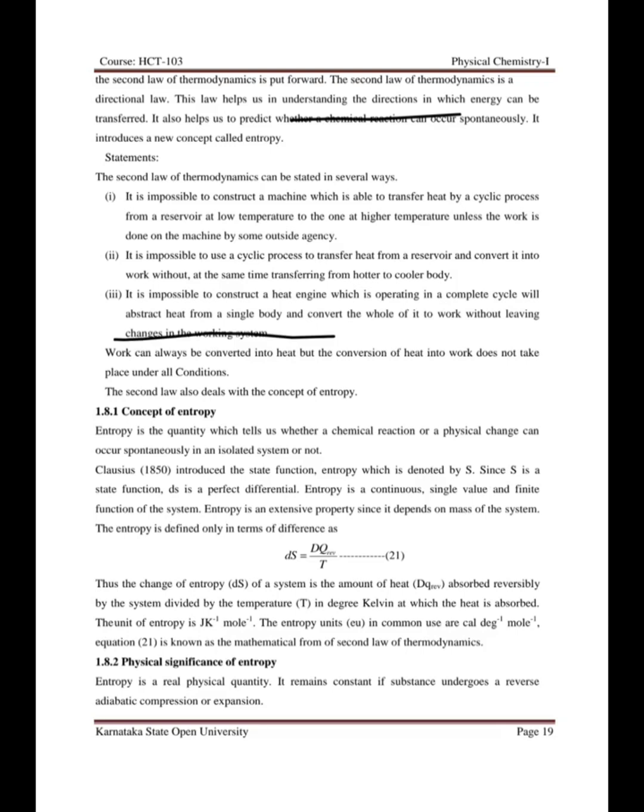So when the system is constructed, it is important to completely shift from one state to another state, and completely convert the heat wholly into work without leaving any changes in the working system. That is the second law of thermodynamics. Work can always be converted into heat, but the conversion of heat into work takes place only under these conditions.